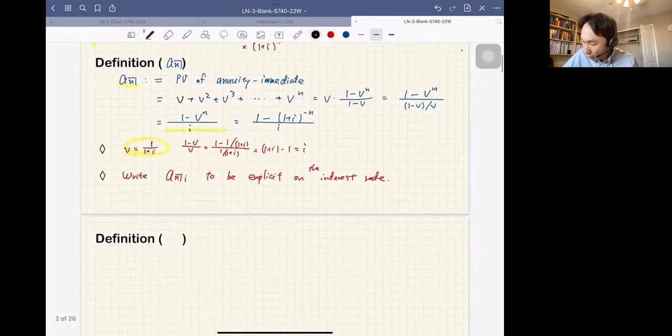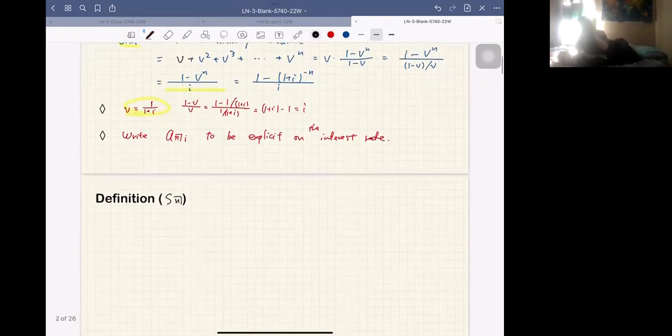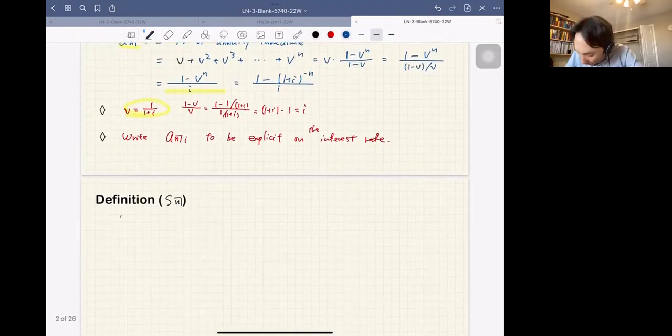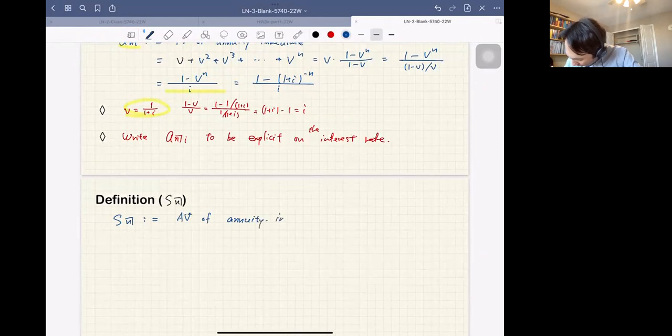So the definition of the s angle n is the accumulated value of annuity immediate for n years.